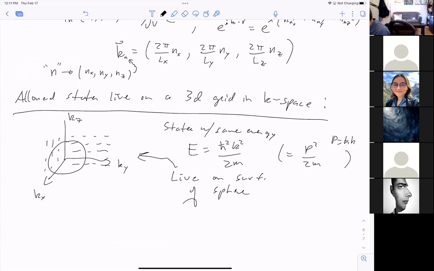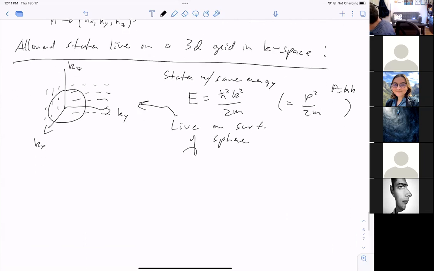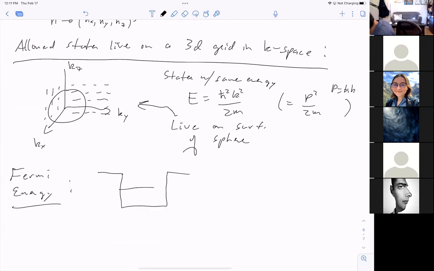And so what we can do then is there's this important thing. Now let's talk about the Fermi energy, because I told you that a metal is a box of electrons filled up to the Fermi energy. That's the box filled up to the Fermi energy.